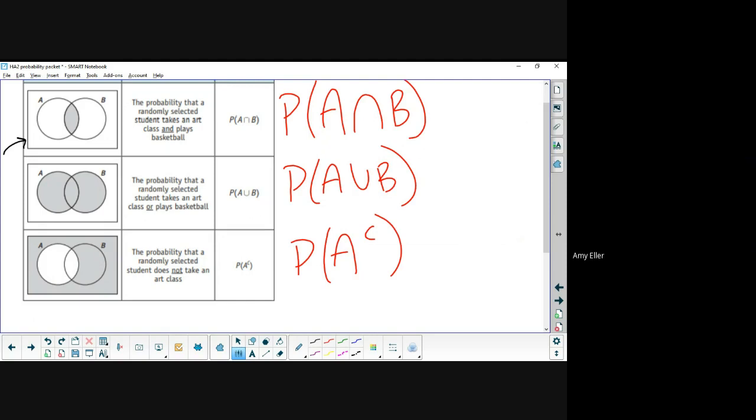Another way to draw it is to shade every single thing, then take your eraser and erase A. That would be not A. Are we pretty comfortable with these three? Because it's going to get a little bit more complex. Not quite yet, but it will.